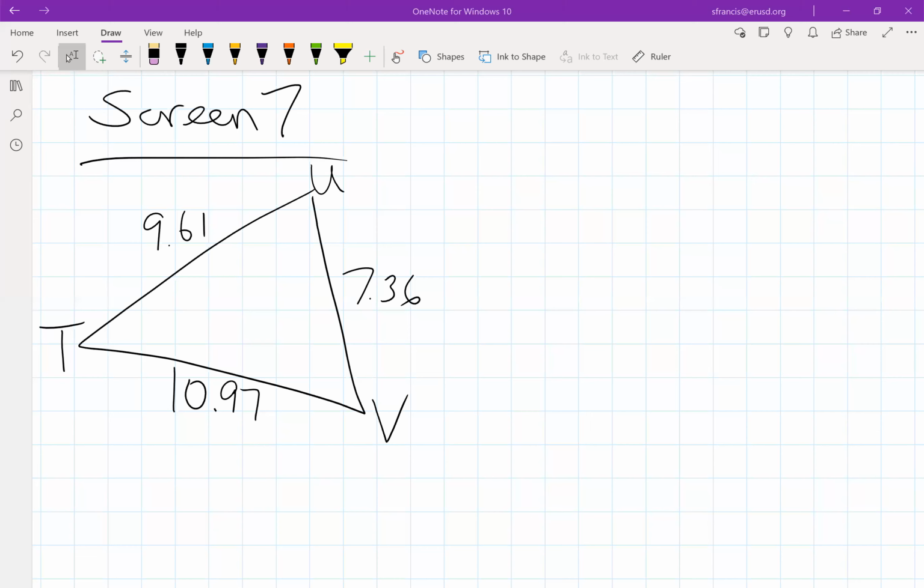The 7.36 is not an angle measure. It's a side length. You cannot take the sine of it.